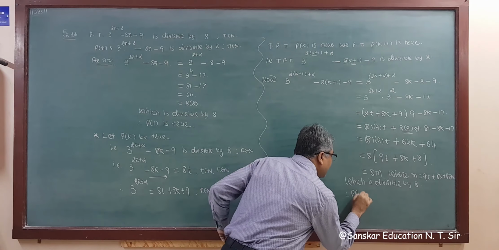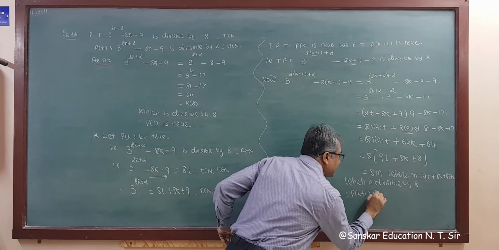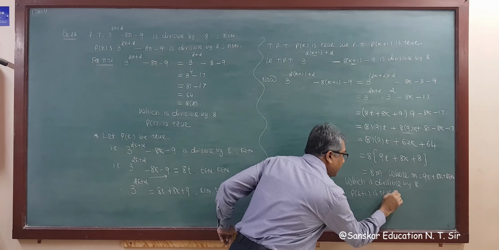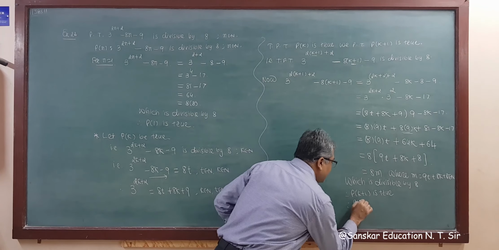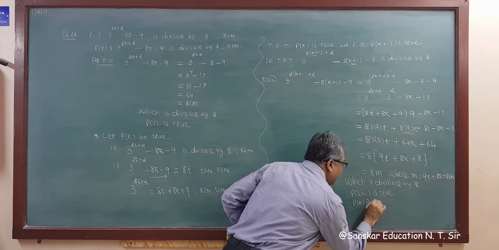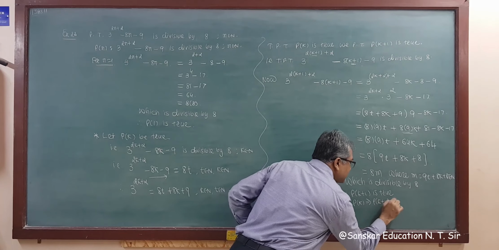Therefore P(k+1) is true. Therefore, as usual, 4 steps, right? Therefore P(k) implies P(k+1) is true.